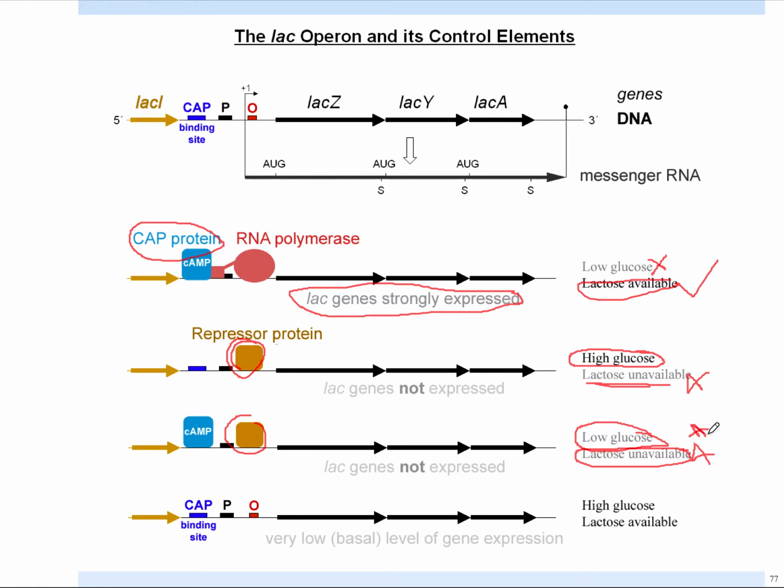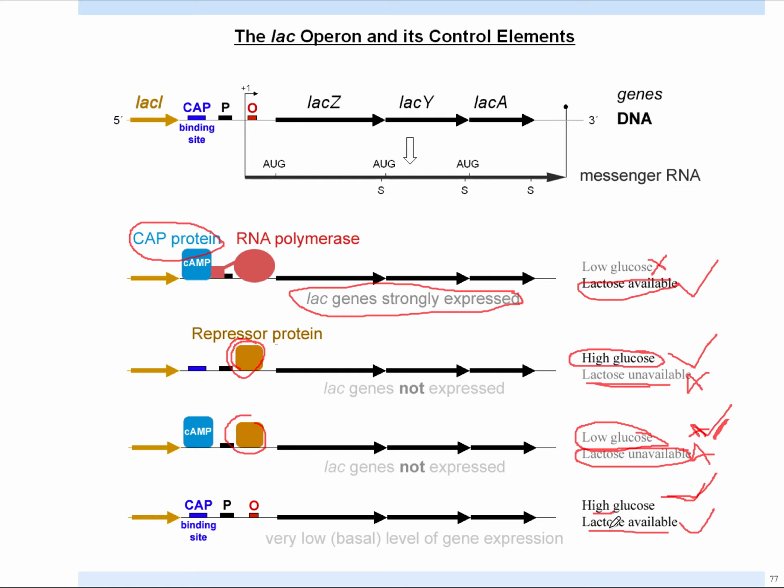I would say this is partially available, because it's very low, so it's partially available. And this is high, glucose is high. In the instance where you have lactose available and you have glucose also available in very high concentrations, then the cell would actually want to depend more on the glucose.